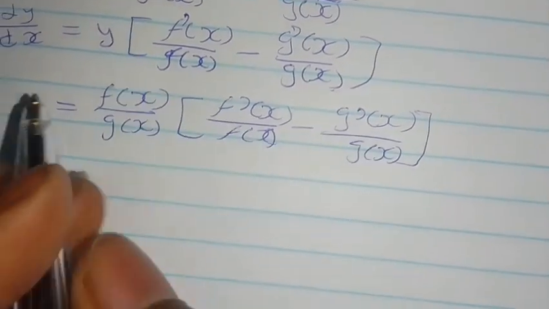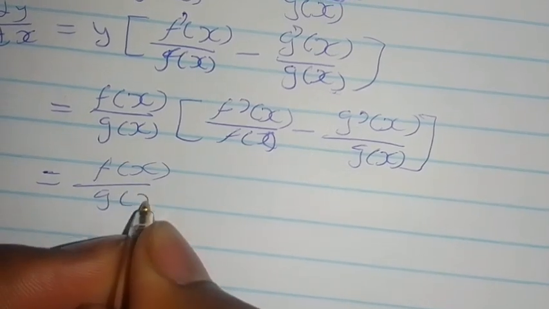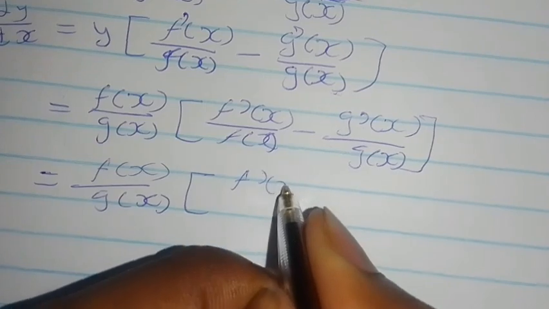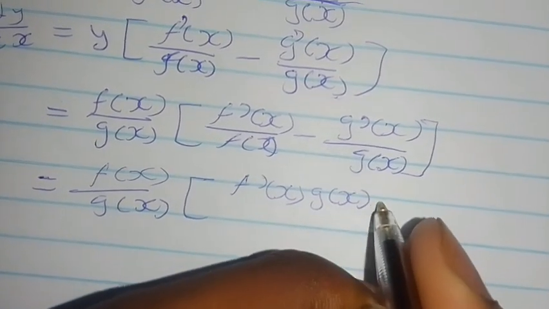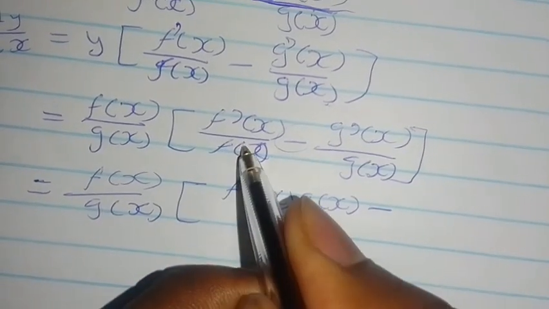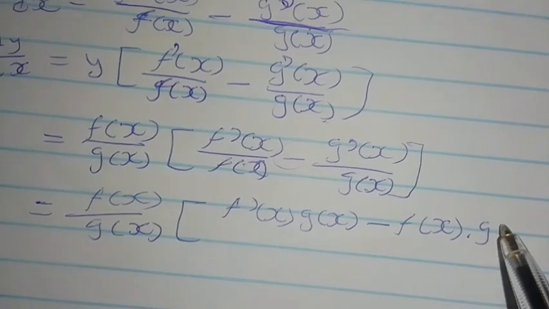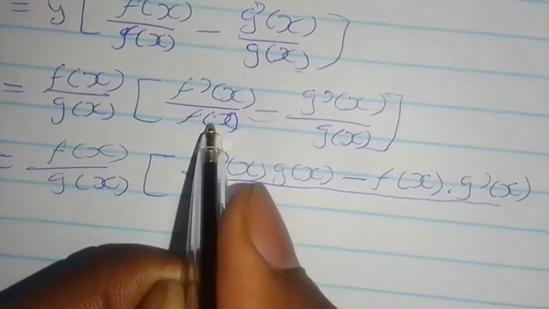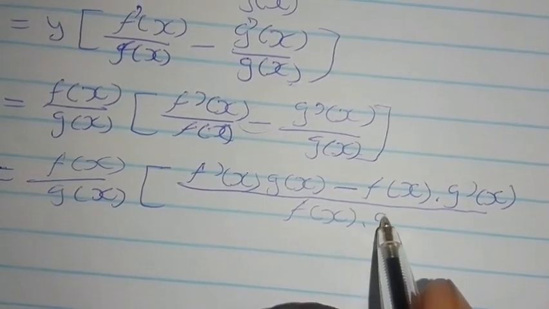You're going to have f of x divided by g of x, then you cross multiply, you'll have f prime of x. This will multiply with this, multiplied by g of x, and this is the negative sign. And then this will multiply with this. You'll have f of x times g prime of x, all divided by this multiplied with this. Then you'll have f of x times g of x.